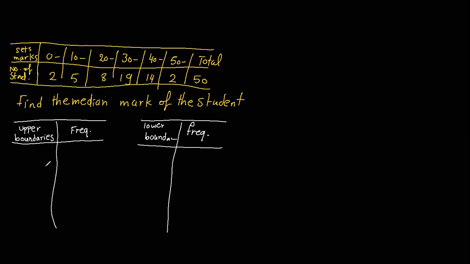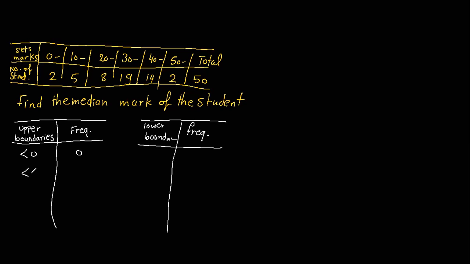So we want to make these values ascending for the upper and descending depending on the lower. So the value less than 0 will be 0, the frequency less than 0 here.